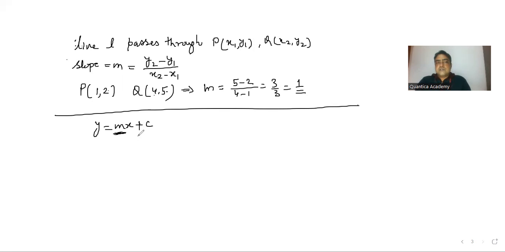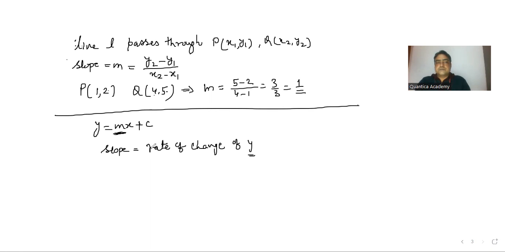This m actually tells us the slope is rate of change. Rate of change of what? This slope is a rate of change of y values, rate of change of y.